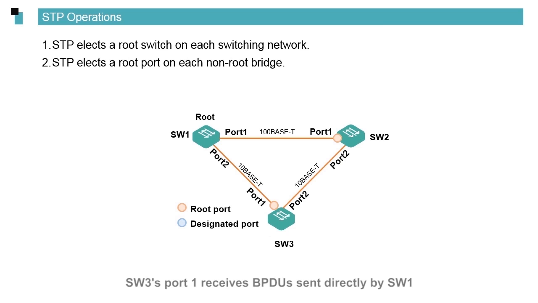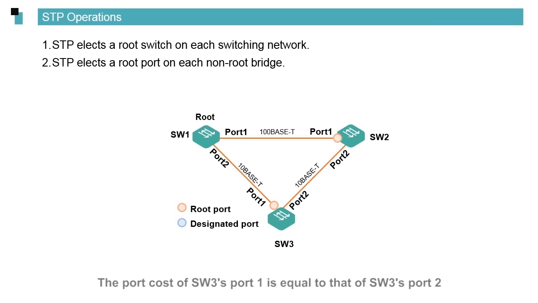SW3's port 1 receives BPDUs sent directly by SW1, and the path cost is 0 plus port 1's port cost. SW3's port 2 receives BPDUs forwarded by SW2's port 1. The path cost of SW3's port 2 is the sum of the port costs of SW2's port 1 and SW3's port 2.